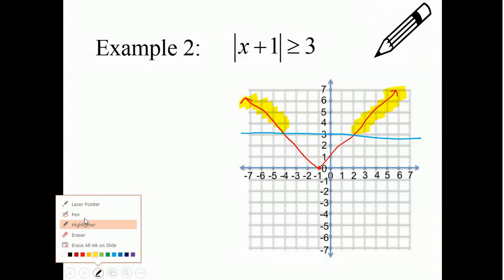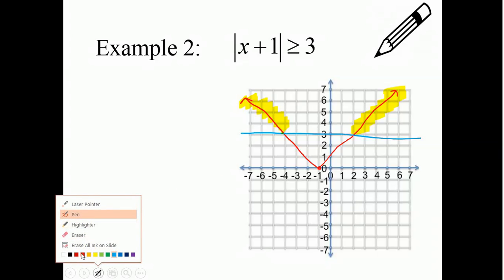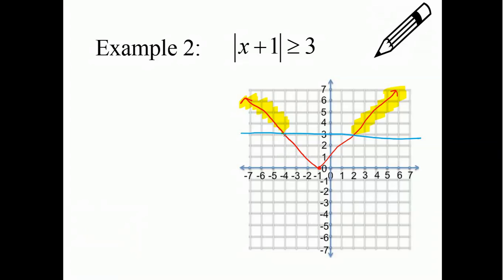So basically what we need to do is we need to write two inequalities. So it looks like my V is from negative 4 to negative infinity, right? So it looks like x needs to be less than or equal to negative 4, because we can have it equal to this time. And then it looks like I need to be greater than 2. So x is greater than or equal to 2.